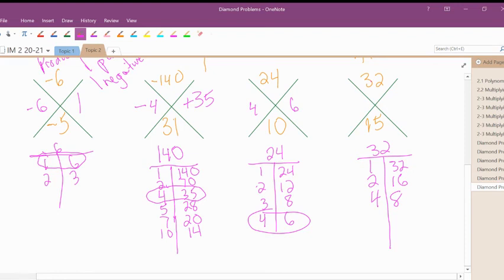Are there any numbers there that add up to 15? We got a sum of 33, a sum of 18, and 12. They're pretty close, but we can't get 15. So this is not possible, and you're going to see that once in a while. So that's our diamond problem.